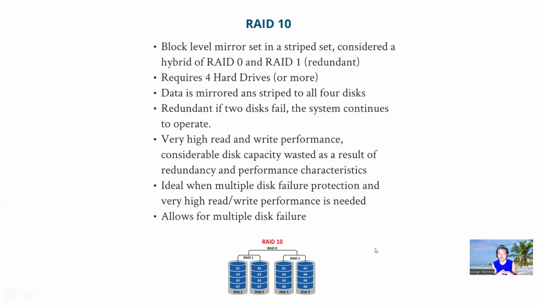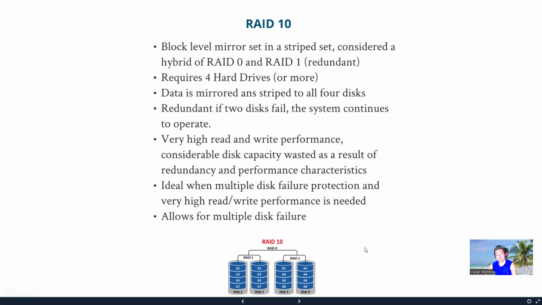It has very high read and write performance, with considerable disk capacity wasted as a result of redundancy. It is ideal when protection against multiple disk failures and very high read-write performance are needed. It allows for multiple disk failures.